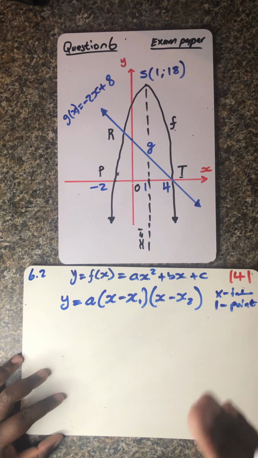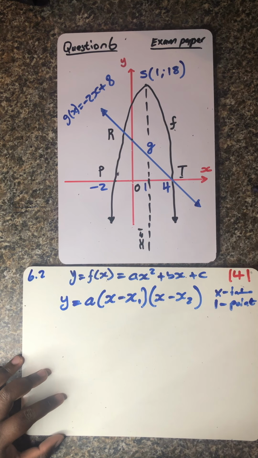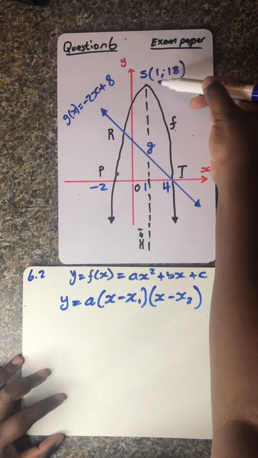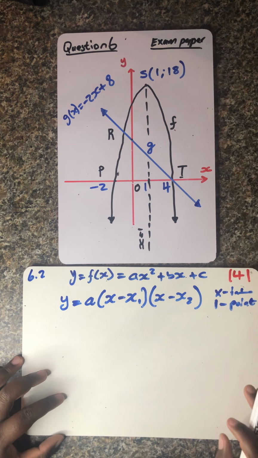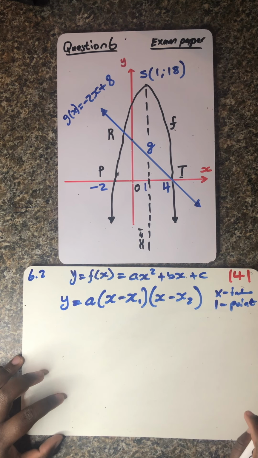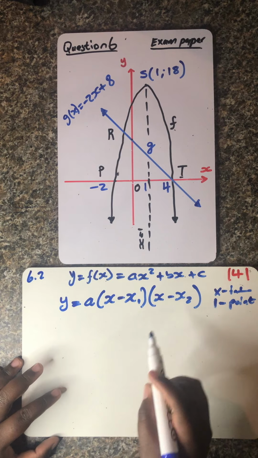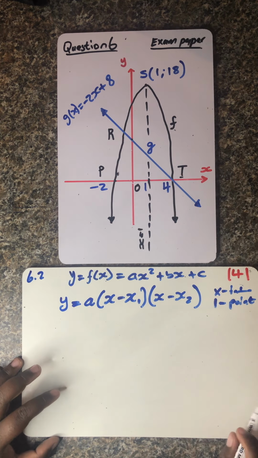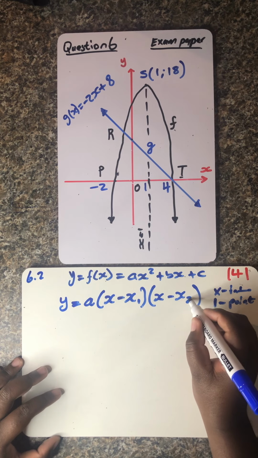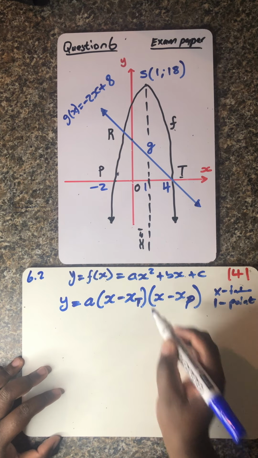In this case, the intention is to use these two x-intercepts and that one point. It's up to you to decide which is x1 and which is x2. To make it easy, let's say this is the x of p and this is the x of t.